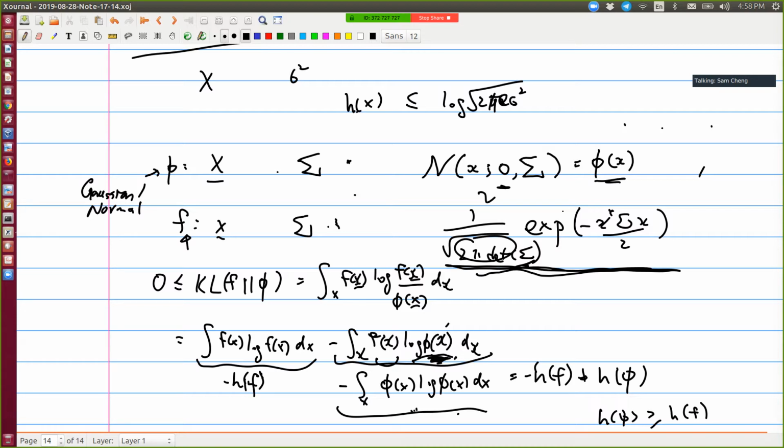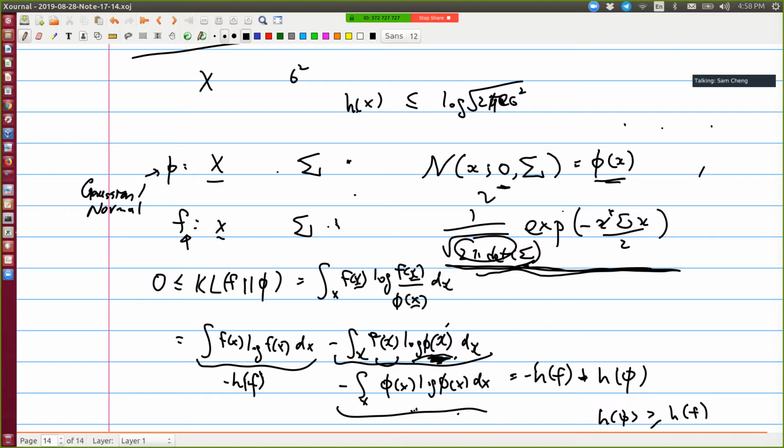Anyway, just remember this result. It is a very nice result that also gives another reason why people like to use Gaussians for analysis.